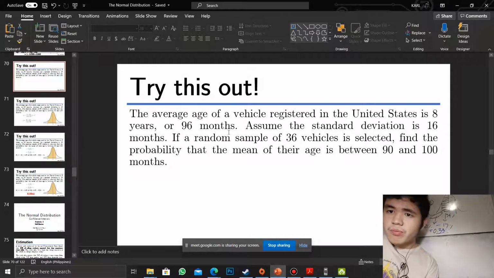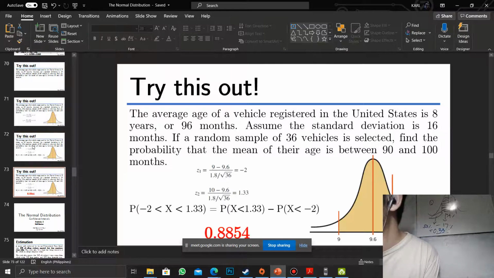Sige, let's see ah. Parang mali yun na sa answer key ko ah. 90, 100, sigma, 16 divided by 6. Mean is 96. Oo nga, mali yung nasa answer key ko guys.